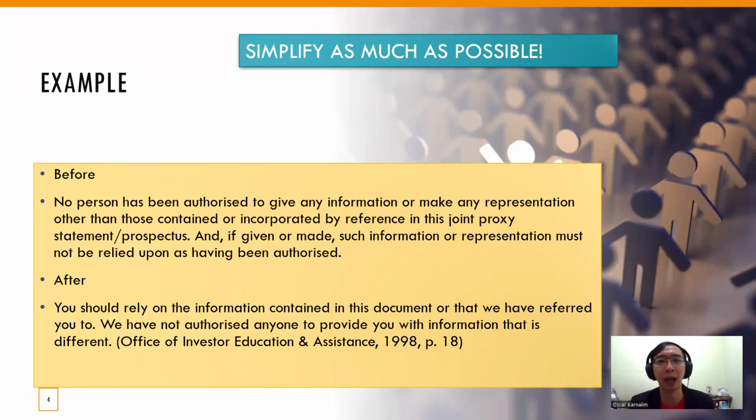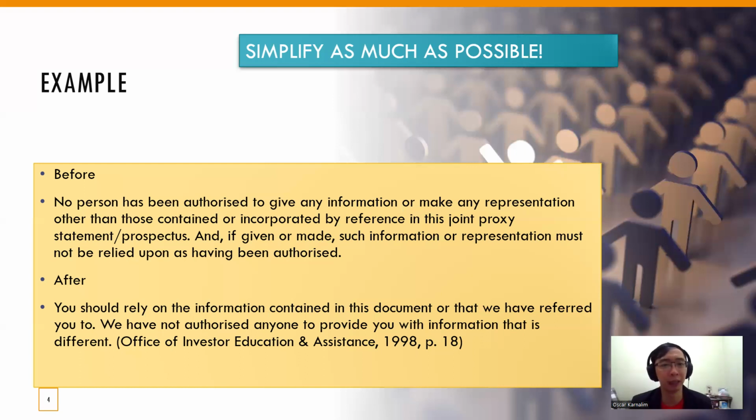So we try to make it as simple as possible. For example, in here, if we have a sentence, no person has been authorized to give any information or make any representation other than those contained or incorporated by reference in this joint proxy statement or prospectus. And if given or made, such information or representation must not be relied upon as having been authorized.